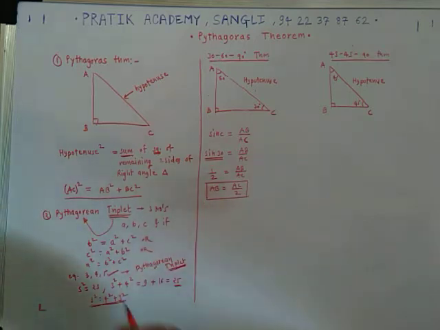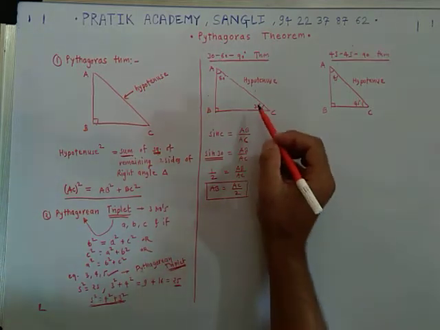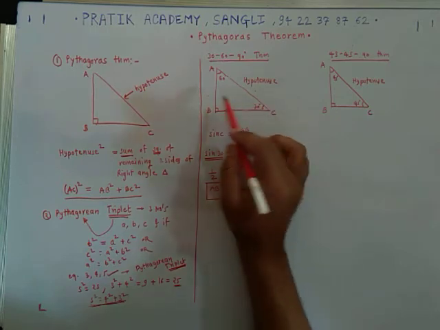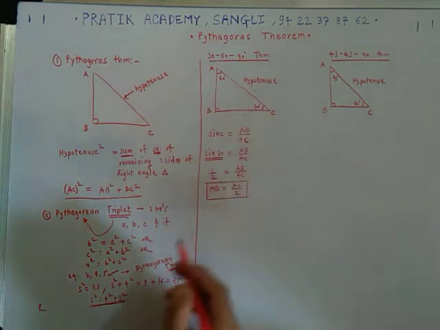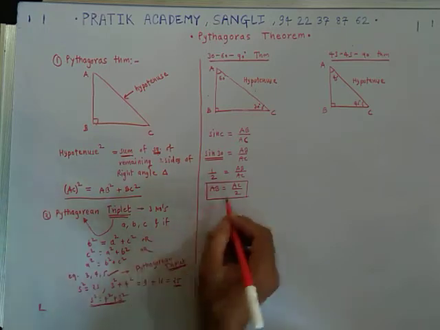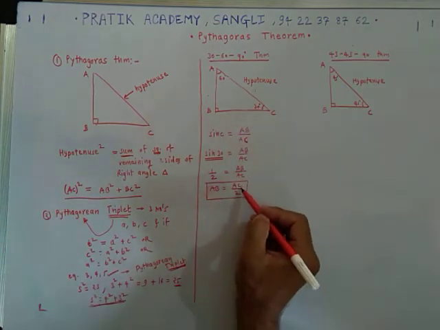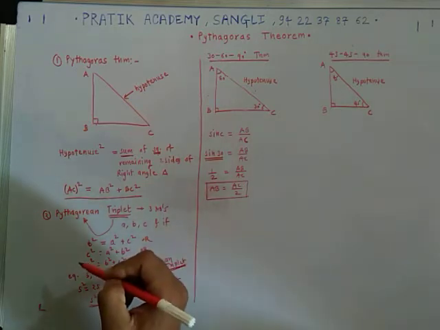That means in the case of a 30 60 90 triangle, the side opposite to 30 degree is half of the hypotenuse. AB is the side opposite to 30 degree, which is coming as half of the hypotenuse.